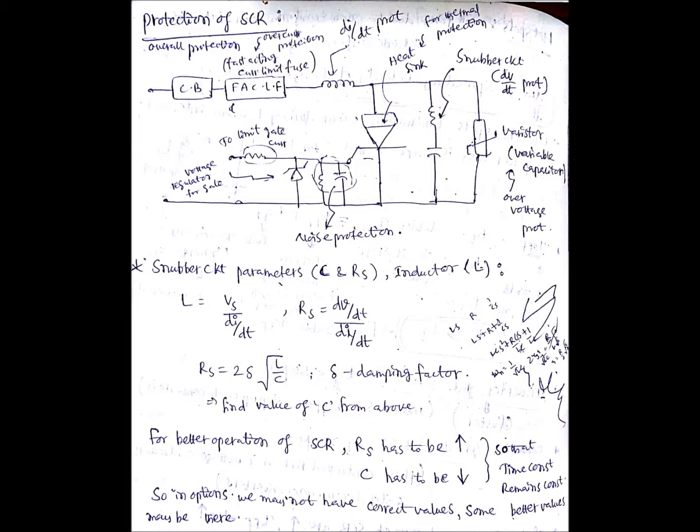If you don't find the correct answer in your options, you need to choose options such that the Rs value is greater than the value which you have determined, and the capacitance is less than the value which you have determined. Fine. In options we may not have the correct values, some better values should be taken. Better values may be present. So you should be in a position to consider them with this criteria.